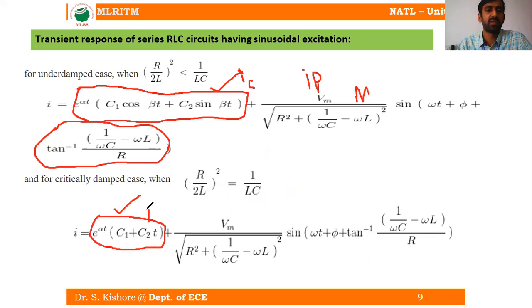This is the complementary function IC, and this is the same IP. Adding up IC and IP is going to be our final transient current expression. So this is the transient response of RLC circuits having sinusoidal excitation. Thank you very much for listening.